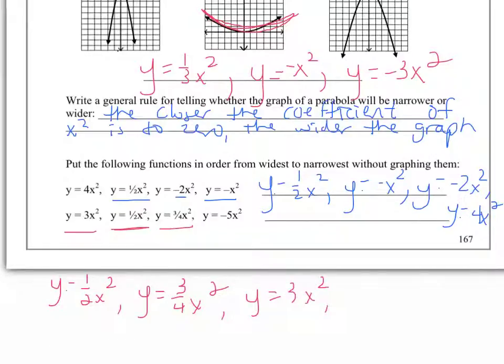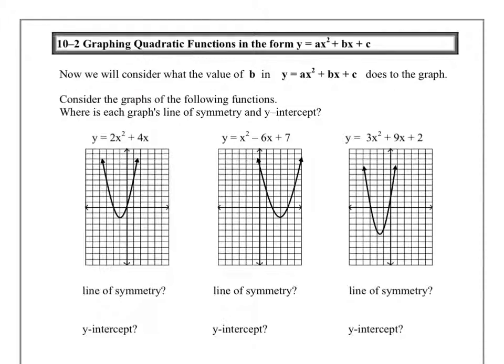And then finally, negative 5x squared. Okay, so that was it for lesson 10.1 on the properties. Next class, we're going to talk about graphing quadratic functions in the standard form.